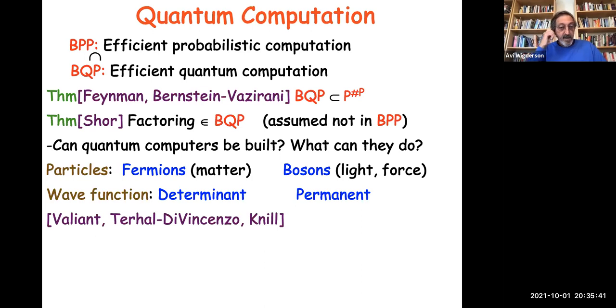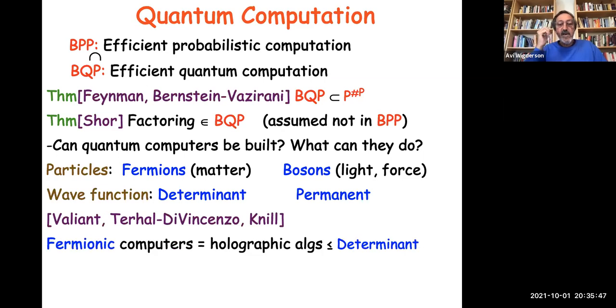And then some quantum physics people found that this model of holographic algorithms can be captured by quantum computers in which you restrict the operations in a way that's consistent with just using fermions. I'm not explaining this, but one can build a restriction of the BQP model in which you use only quantum operations that are consistent with the particles being fermions, and you get exactly the holographic algorithms.